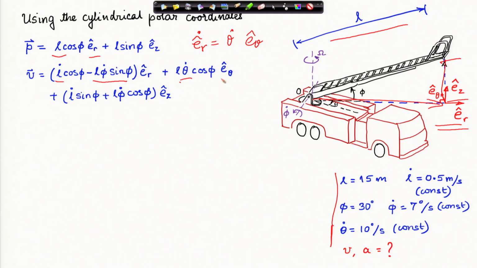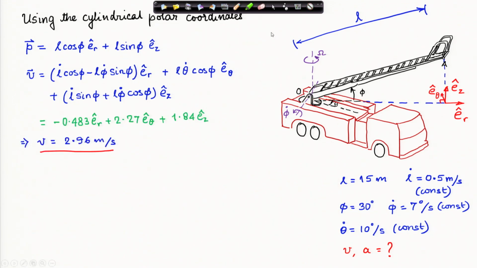So, that is what I have used here. Then the second term, if you differentiate, L dot sin phi plus L phi dot cos phi times Ez, there is no derivative of Ez, Ez dot is 0. So, this is where we stop for the velocity, and once I have velocity I will plug in the values and I get this expression, and the magnitude of the velocity is 2.96 meter per second, which you can check.